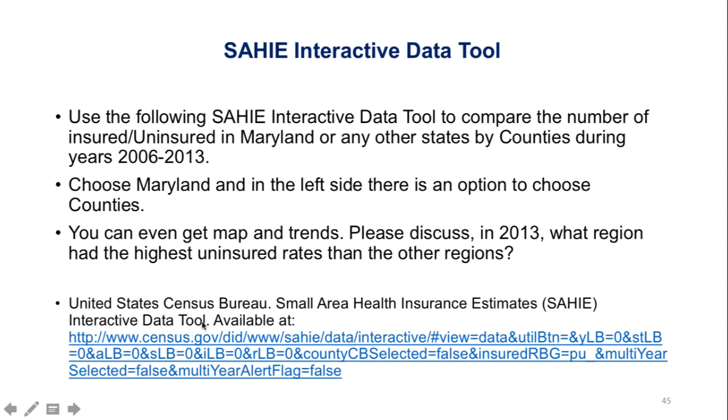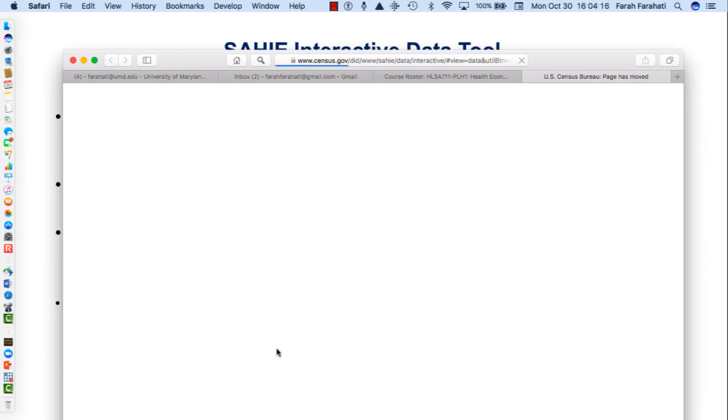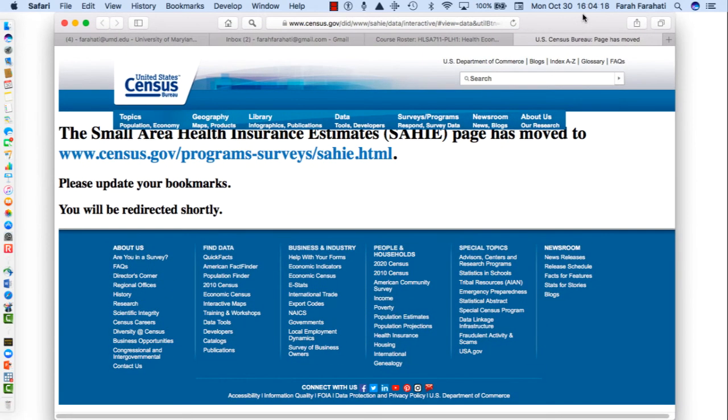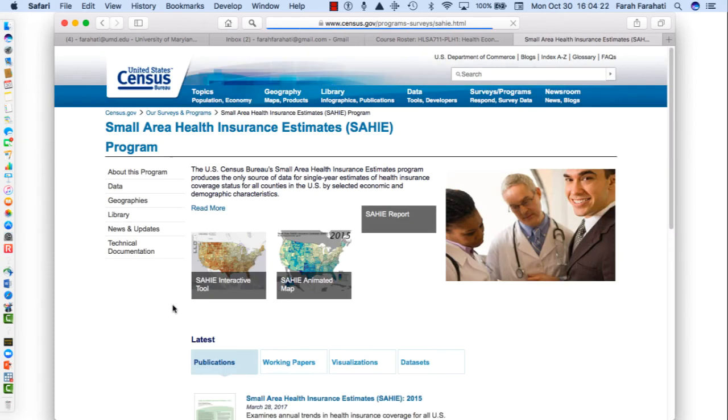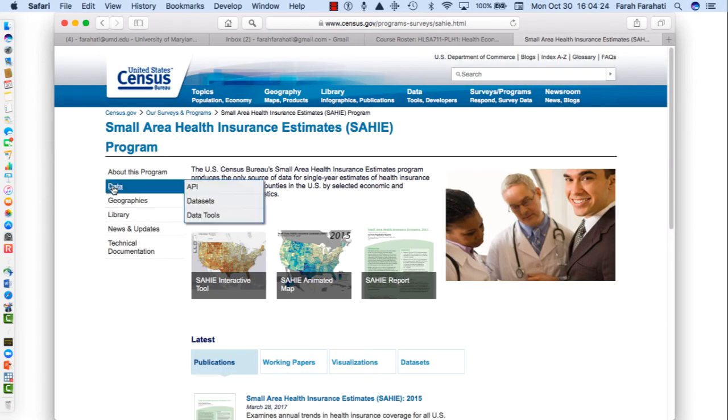The United States Census Bureau's Small Area Health Insurance Estimates interactive data tool gives you this comparison by going to this data set. You can choose the data you want.